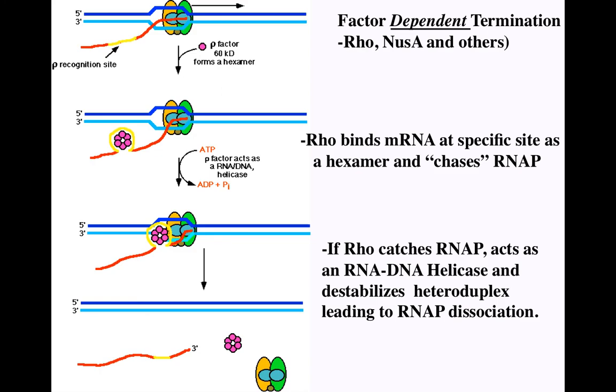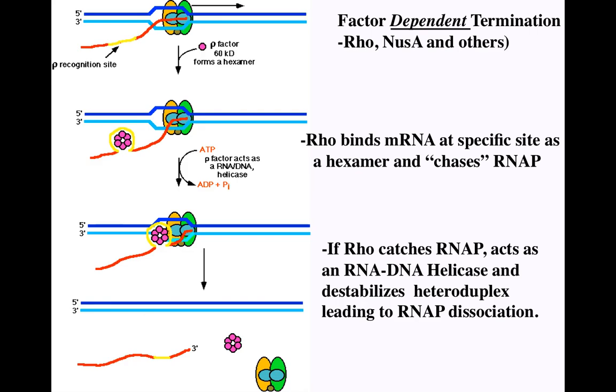Rho is a pretty sizable protein. And once it binds, it forms hexamers. So it forms a multimer of itself. And it literally chases. By hydrolyzing ATP as its energy source, it has the ability to chase RNA polymerase down the DNA. And actually, Rho moves faster up that messenger RNA than RNA polymerase goes down the DNA.